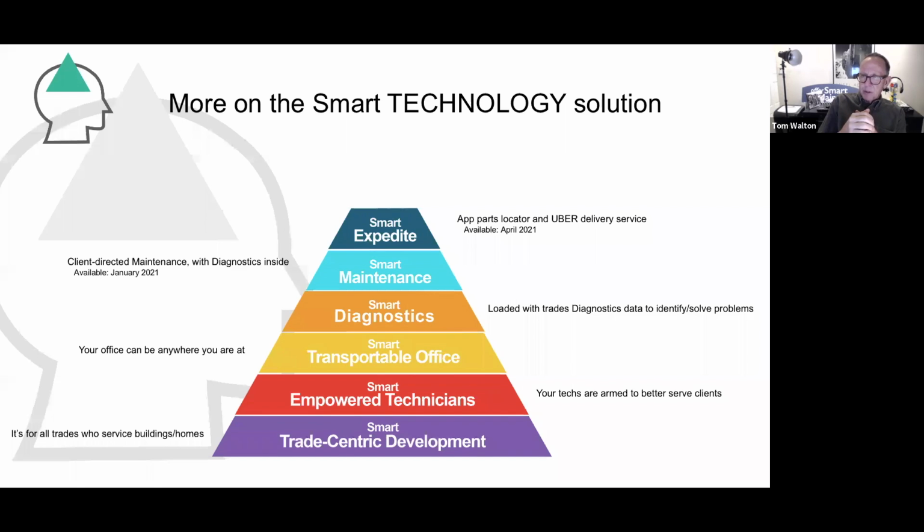figure out where this part is at, or the dispatcher or the service manager. In April 2021, it will begin to have an ever-growing number of parts sources, parts houses. Some of the manufacturers are looking at this and they're going to offer parts. And your tech is on the roof.